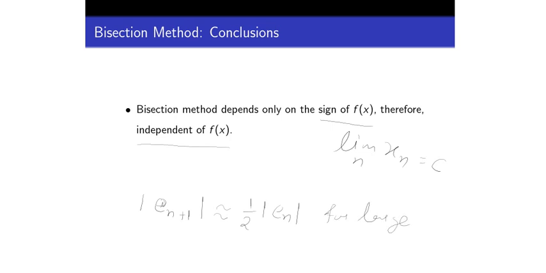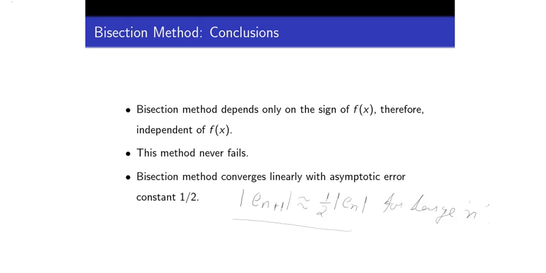That can also be shown by following what we did in the previous result, that mod xn minus c is less than or equal to 1 by 2 to the power n times b minus a. So this says that this method converges linearly with asymptotic error constant 1 by 2. Okay, fine. So as discussed, these are the things.